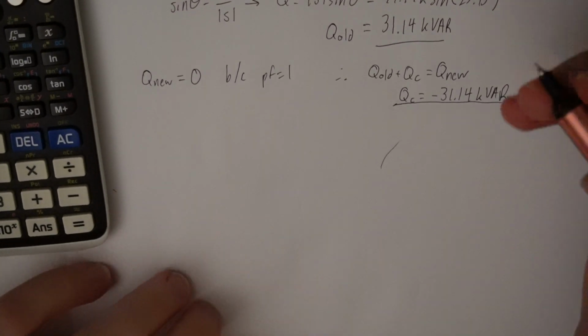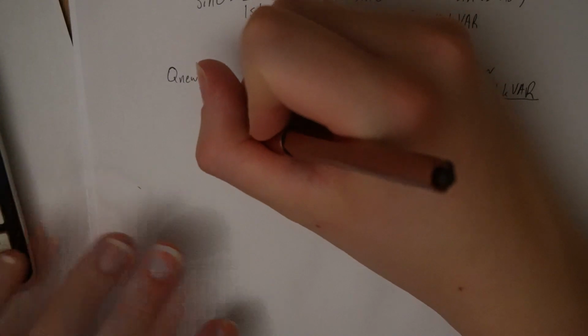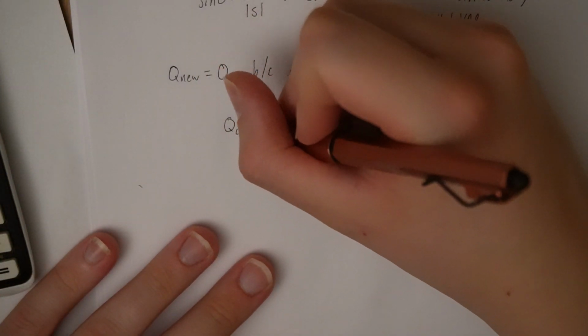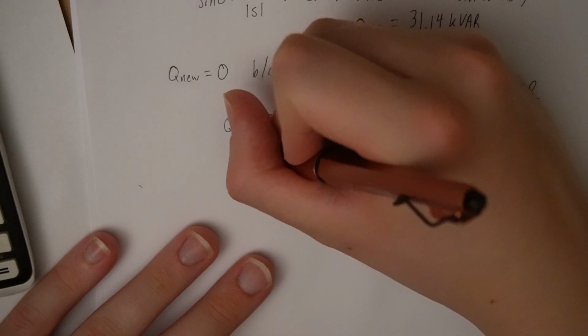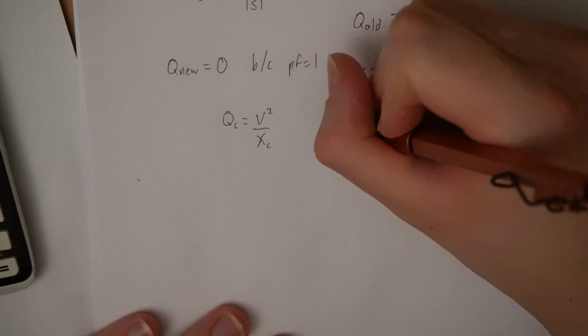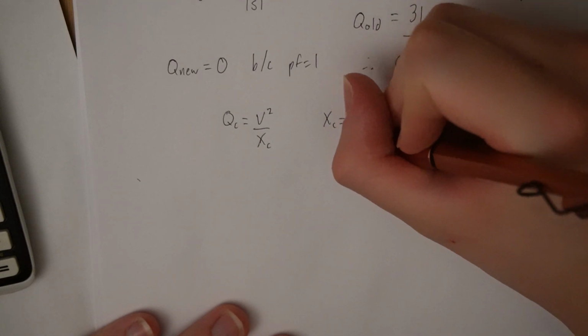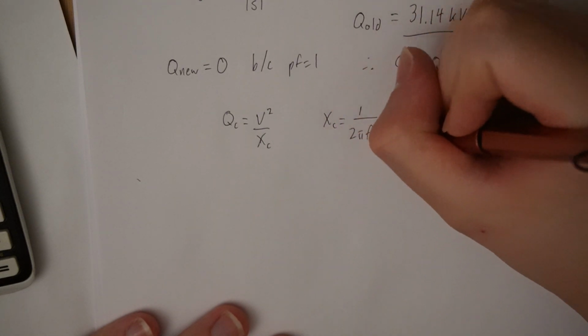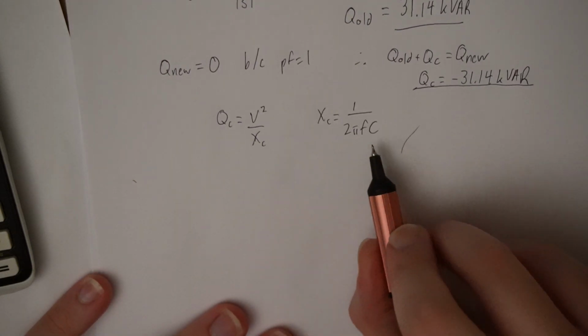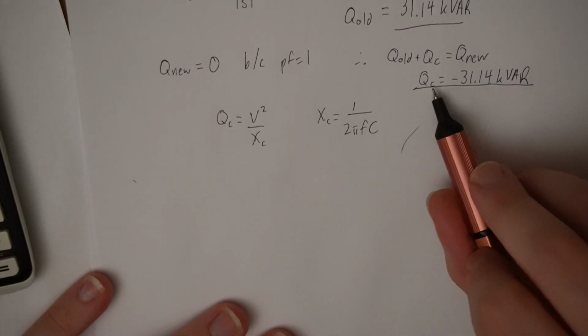So, for a capacitor, QC is related to the voltage across it squared divided by the impedance XC, and XC equals 1 over 2 pi FC. Using these two equations, I want C and I have QC.